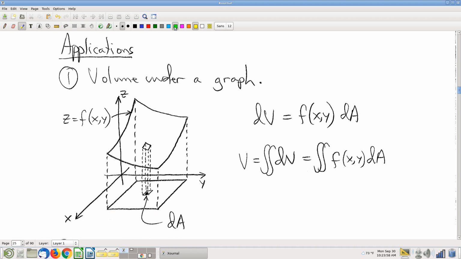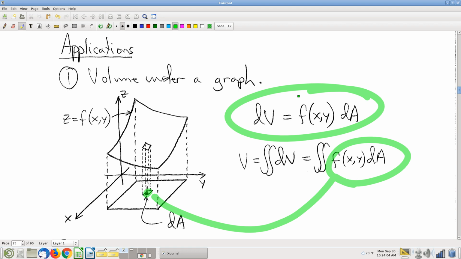Well, on each little piece, I'm going to want to multiply the size of the piece, how much area I've got in here, by height, namely the function whose graph I'm looking at. Height times area gives you volume in this case.